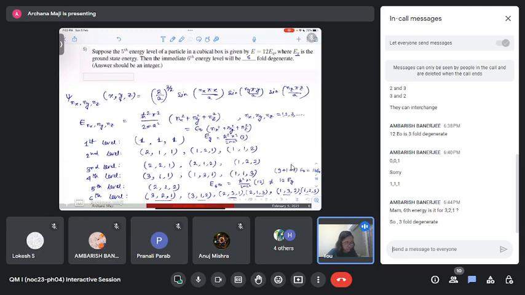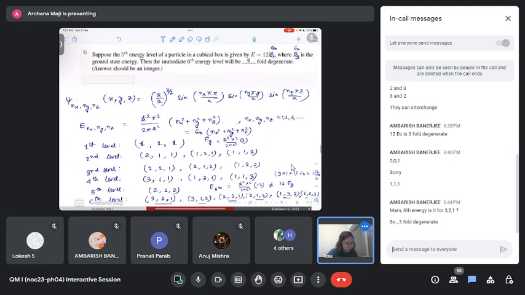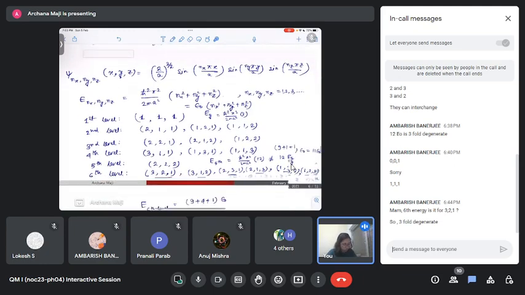So this epsilon 0 should again be the energy constant, that is this term only. Okay, having said that, this 12 epsilon 0 is the energy of the fifth level.